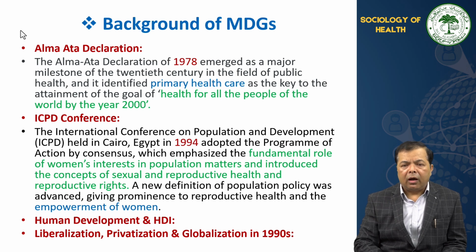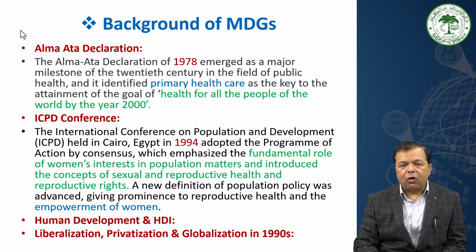Now let me talk about this ICPD conference. It adopted the program of action by consensus, which emphasized the fundamental role of women's interest in population matters and introduced the concept of sexual and reproductive health and reproductive rights.